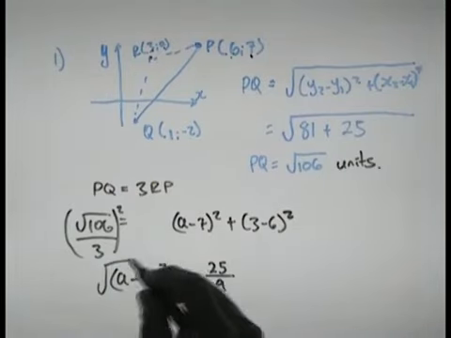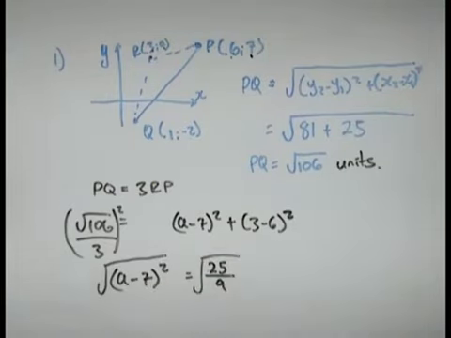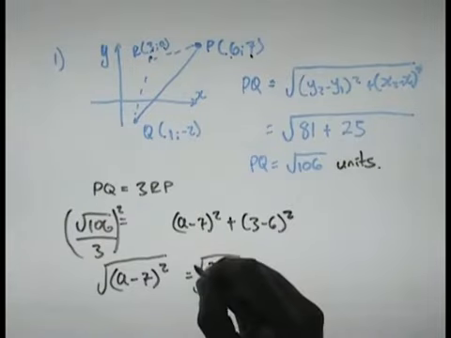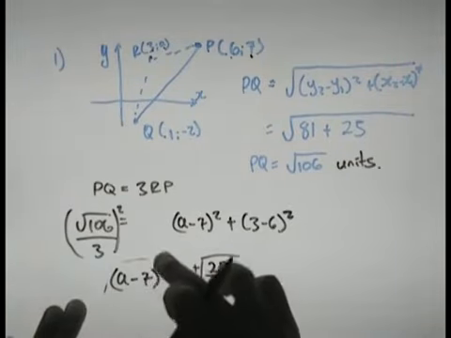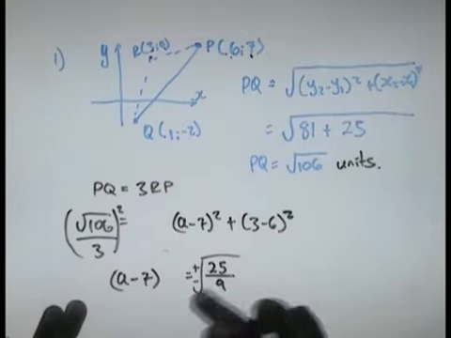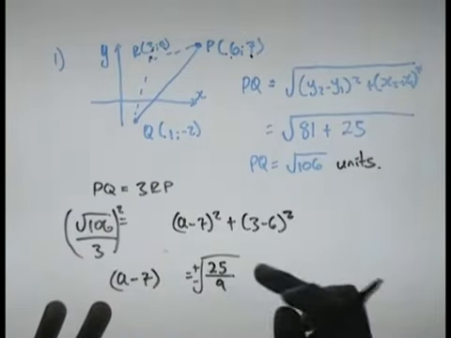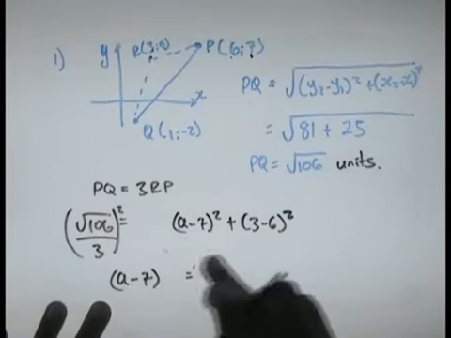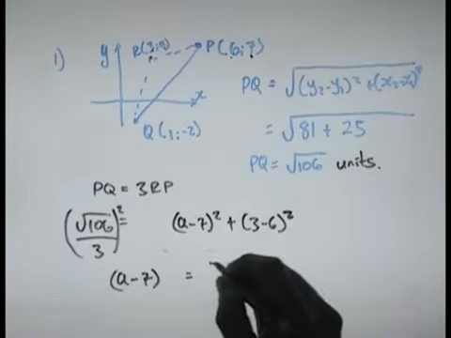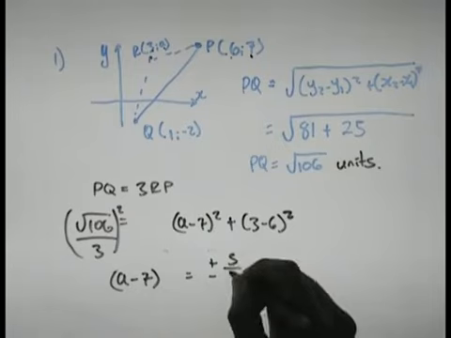To get rid of the squared, I square root that side. What I do to the one side, I do to the other. And remember, it can be positive or negative. That means that A minus 7 on its own is equal to plus or minus 5 over 3.